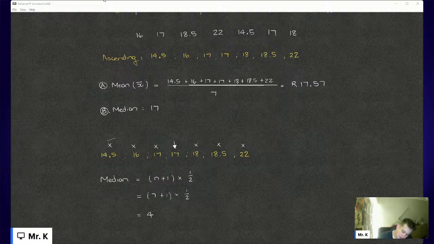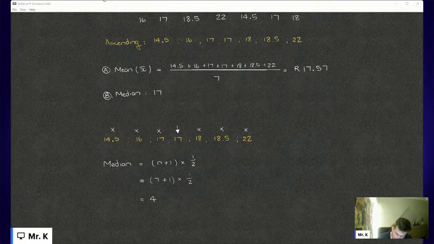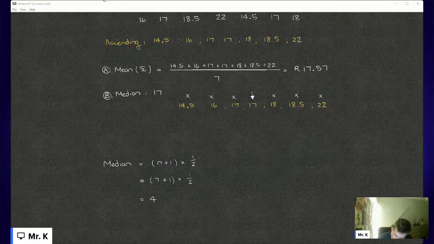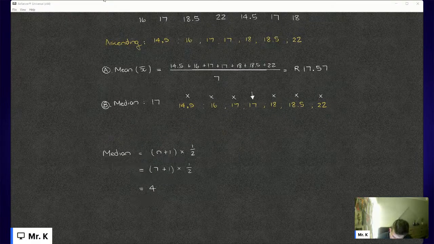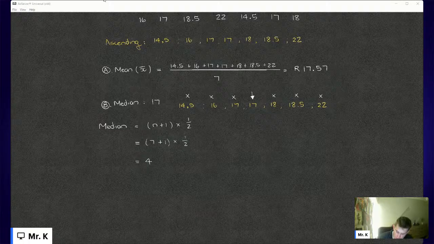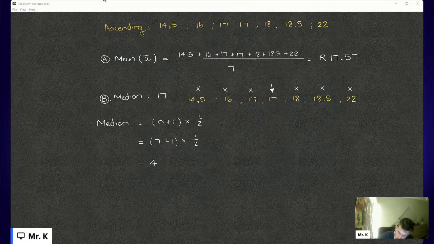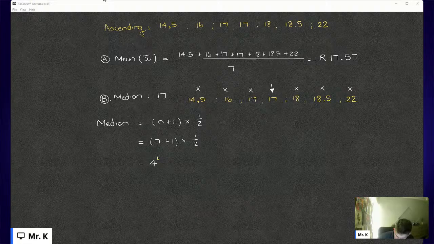But we don't even have the number 4 in this data set, grade 9s. So what is this 4 trying to tell me? Well, the 4, believe it or not, is actually trying to tell me that we are looking at the fourth number or the fourth data point. So let's count.